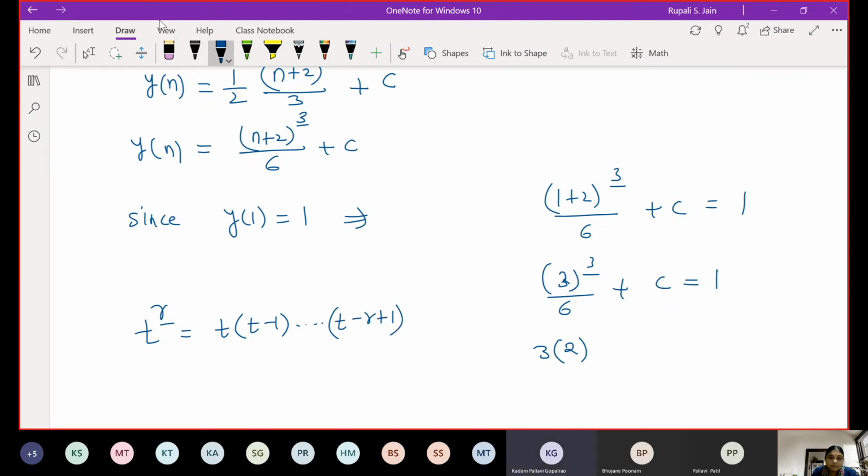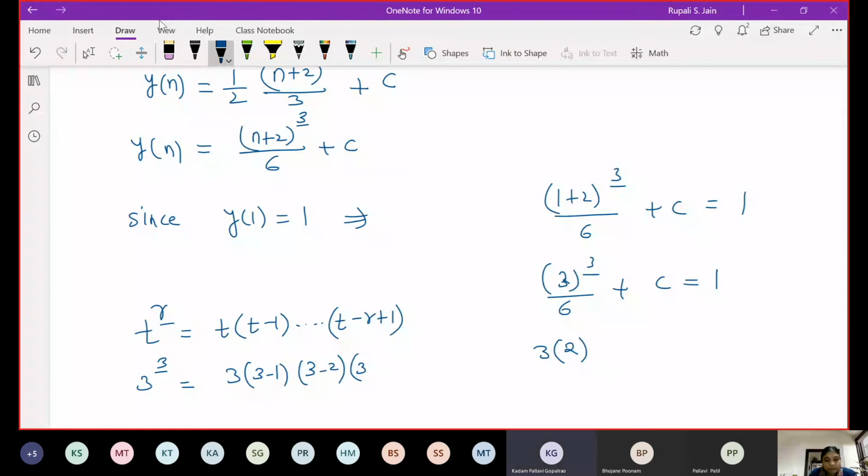What will be this 3 to the 3 falling? 3, then 3 minus 1, then 3 minus 2. How far will it go? Up to 3 minus r plus 1, where r is 3, so 3 minus 3 plus 1.